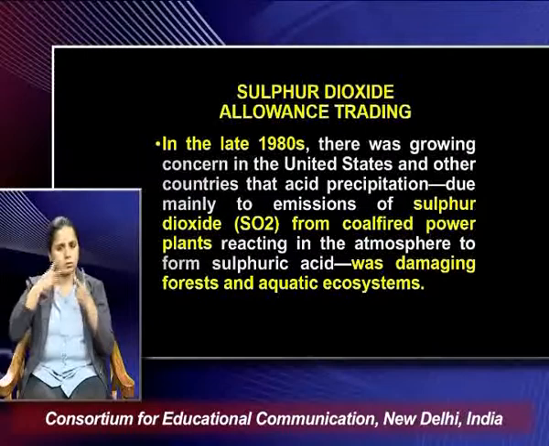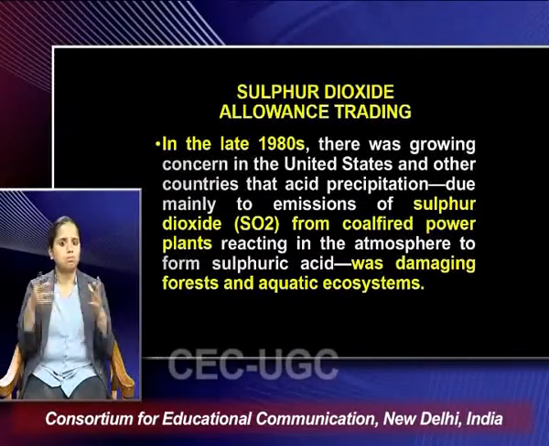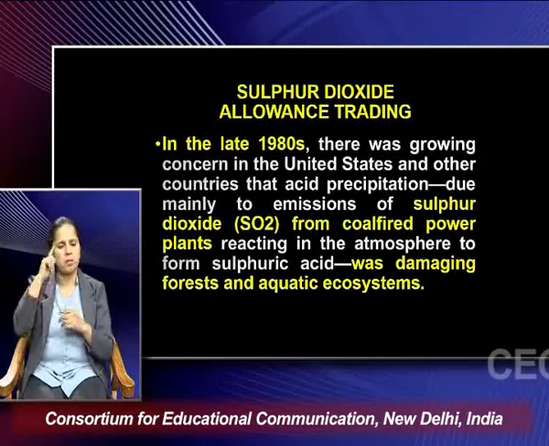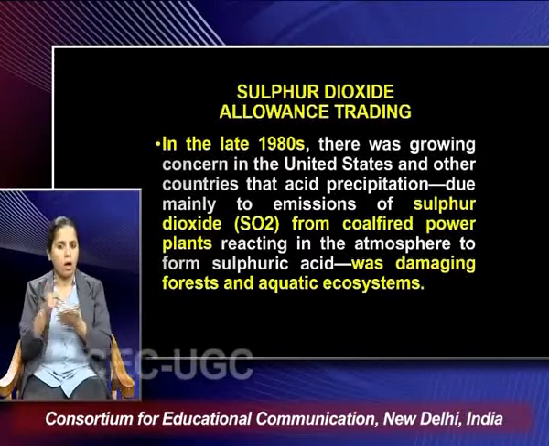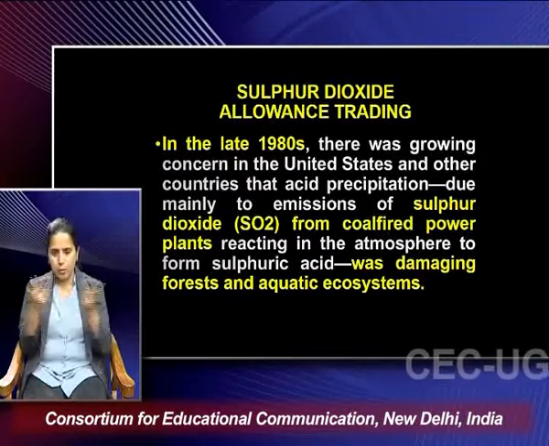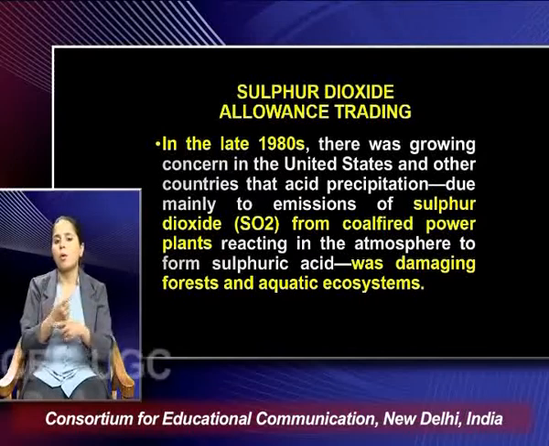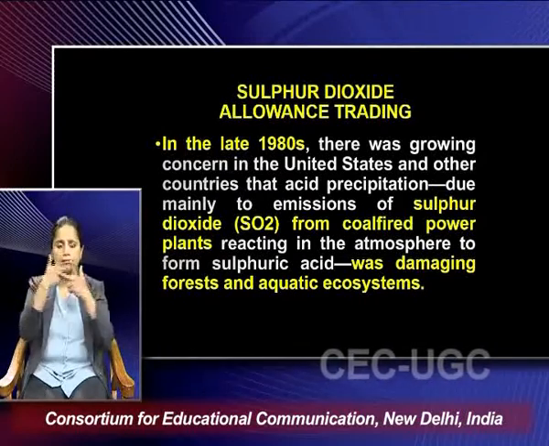Now we move on to the second case study from the US itself. In the late 1980s, there was growing concern in the United States and other countries about acid precipitation, which was mainly due to the emission of sulfur dioxide, SO2, from coal-fired power plants, reacting in the atmosphere to form sulfuric acid, which was damaging forests and aquatic ecosystems all around.